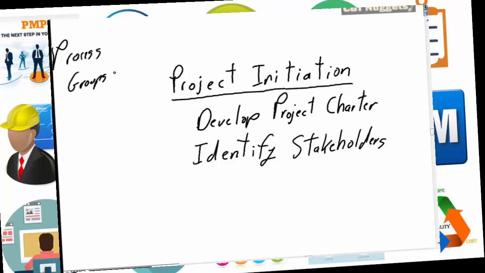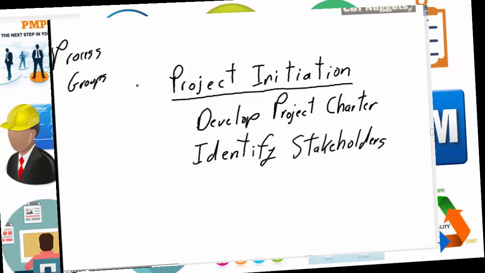The process groups are a substantial variation from where we have been focused on in this series so far. So far in this series, our focus has been on the knowledge areas: the scope, the time, the cost, the quality, and so on. The knowledge areas outline the core project management principles, or the core project management disciplines upon which we as project managers rely.